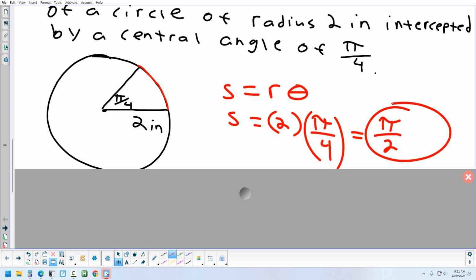What did we just solve for in this word problem? The arc length. So what would the label be? Inches. Yep. So the length of that arc is pi divided by 2, or about 1.57 inches. Okay, that's how you find the length of that. Any questions on that?